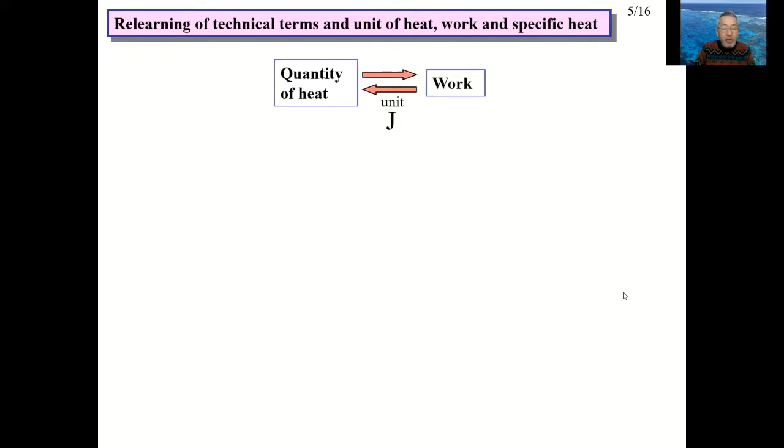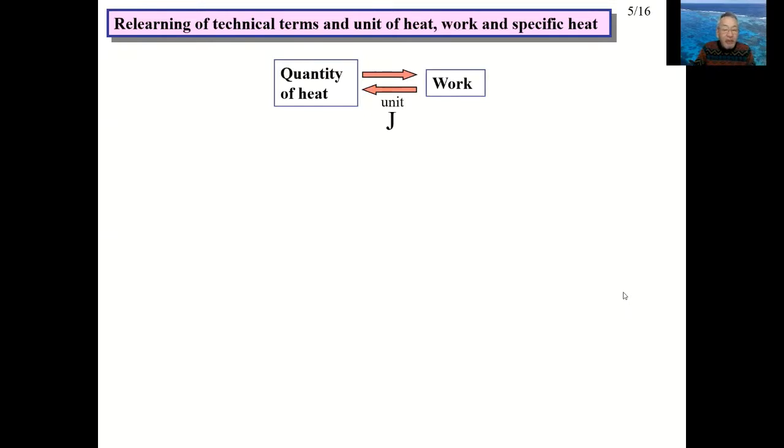First, I will speak about Joule's experiment. You must have learned it in high school physics. Joule found that the heat quantity and the mechanical work are equivalent.